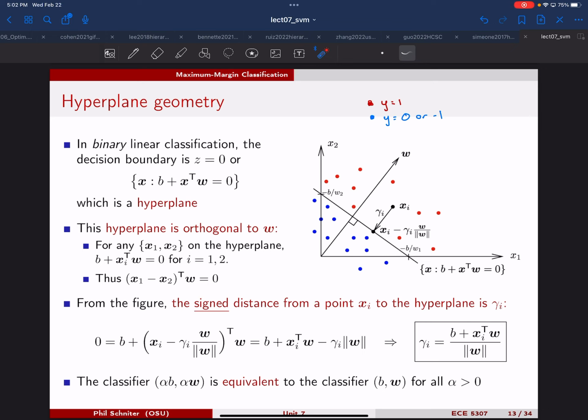But there are a few important things mathematically that we need to understand in order to go forward. The first thing is that this boundary has a nice mathematical expression. This comes from remembering that when you're right on the decision boundary, that's the place of most uncertainty.